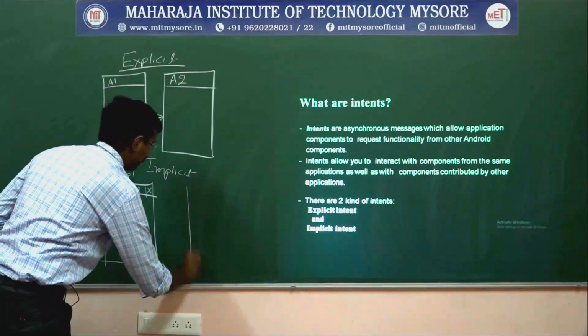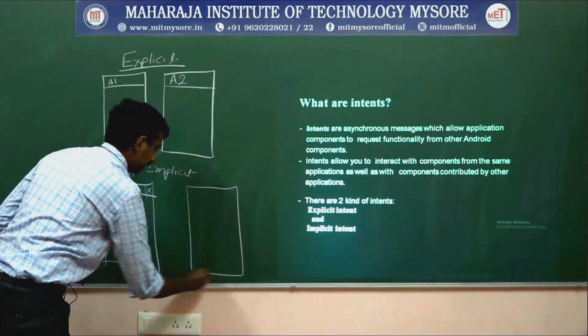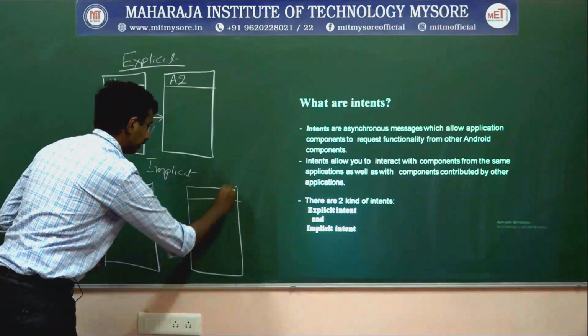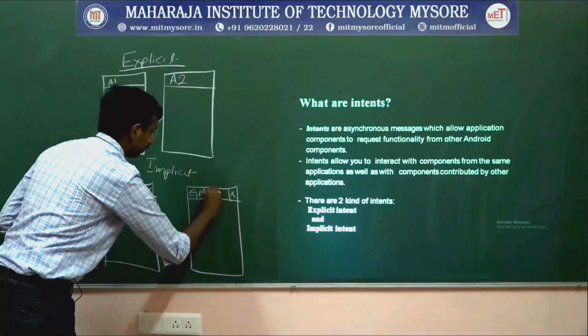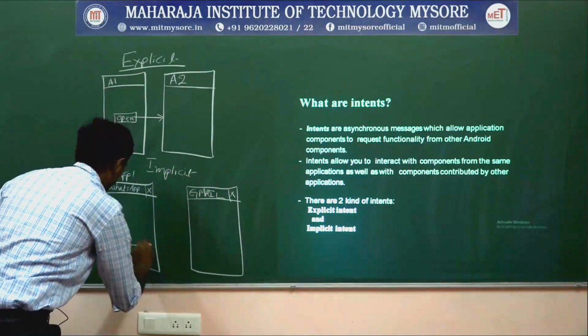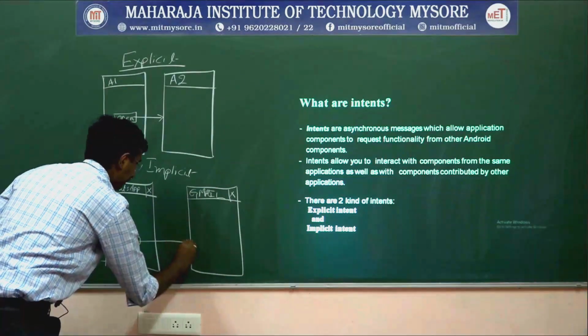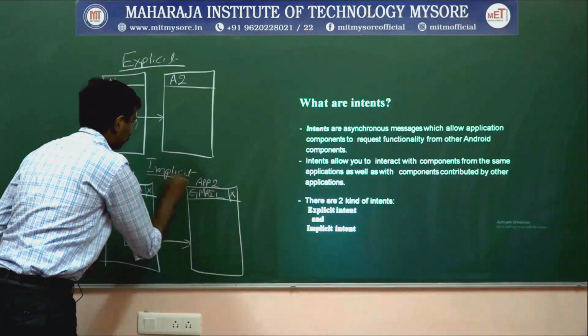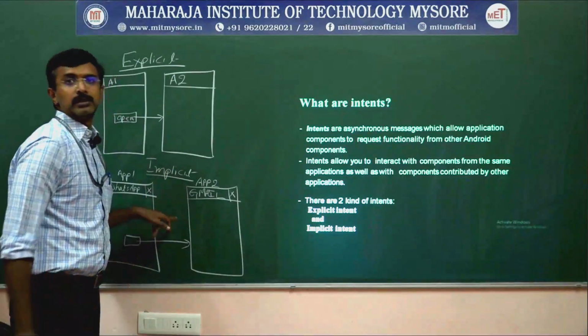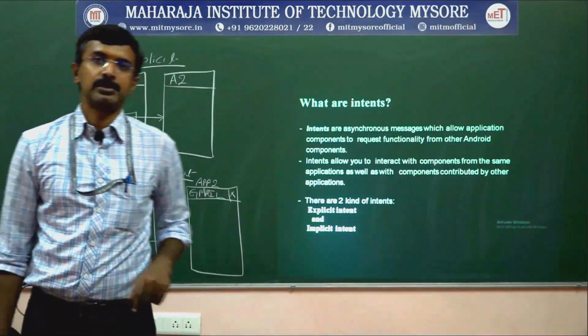So the WhatsApp application is opening another application, that is Gmail. On clicking something, it will open another application. This is application 2. So this is nothing but implicit intents.